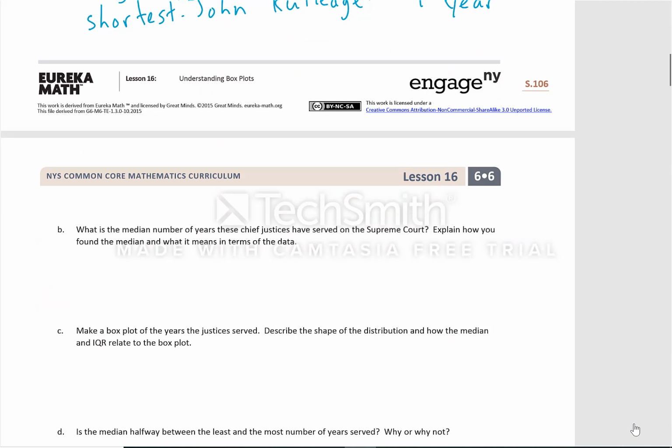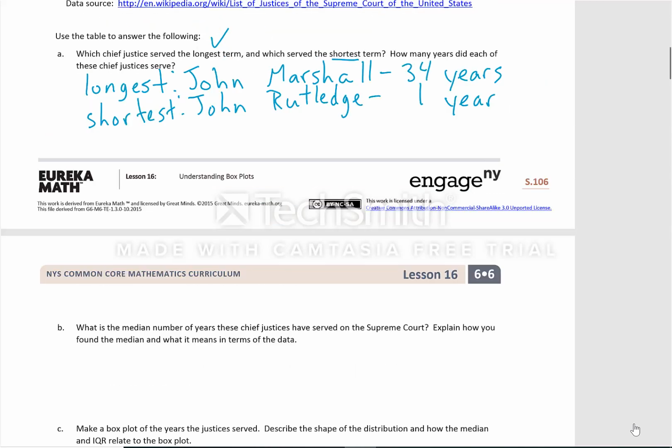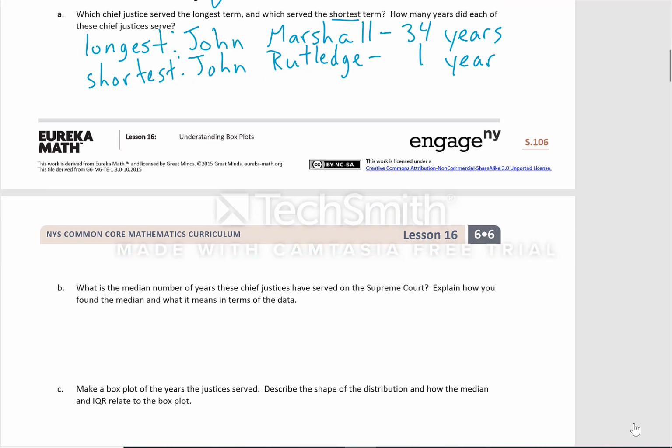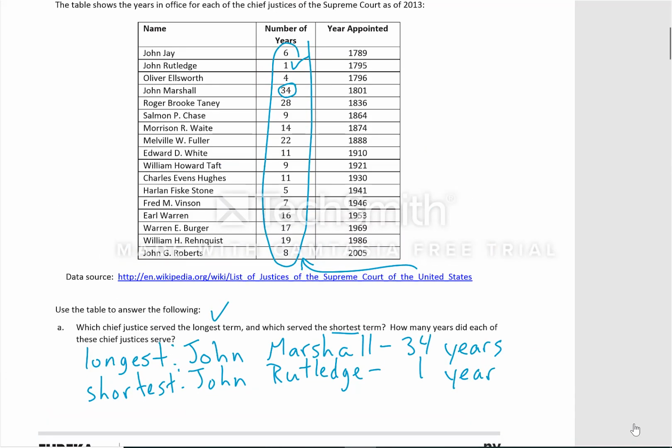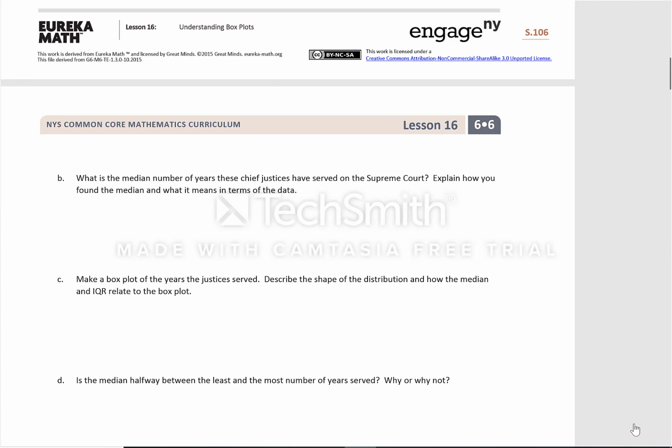What is the median number of years these Chief Justices have served on the Supreme Court? Explain how you found the median and what it means in terms of the data. So I need to head back up and organize this chunk from smallest to largest.